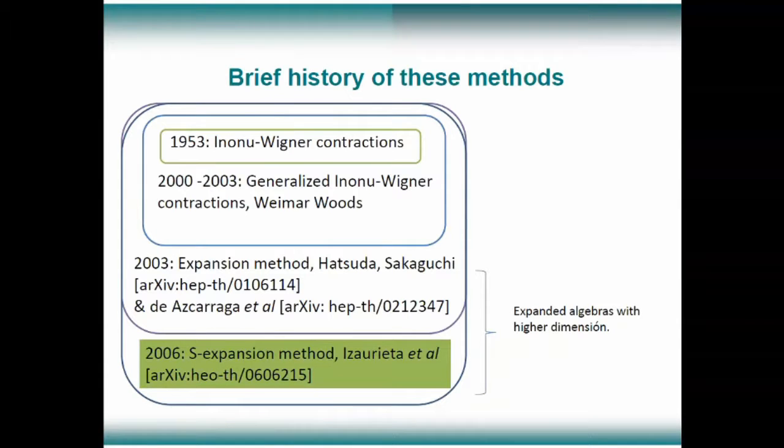A brief history of this goes like this. First, had the Inönü-Wigner contraction, and then we got generalized. But those are both by the scaling of the variables of the algebra. Then in 2003, there came the expansion that was developed by ACAT, and that's parallel.